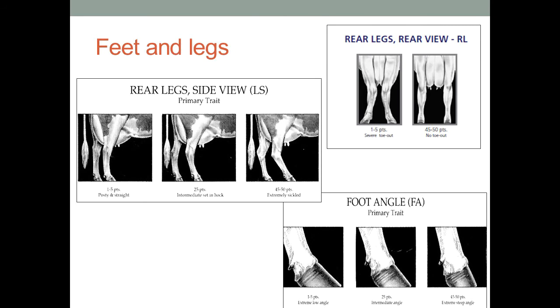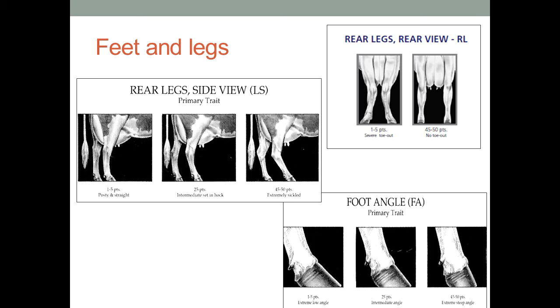Moving on from those traits, let's now talk about scoring feet and legs. And feet and legs are complicated. There are several places that we look, several traits that we are interested in, and so we score these traits separately. Let's talk first about rear leg side view. This is one where, again, you have to pay attention to which way the scores go.